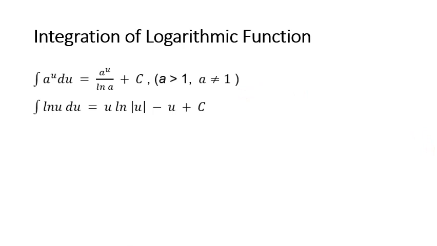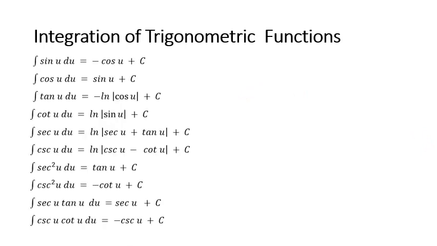Now here let's have the integration of trigonometric functions. So basically, you need to be familiar with these formulas because it really helps you. This is just simply the antiderivative, so the opposite of your differential, right?